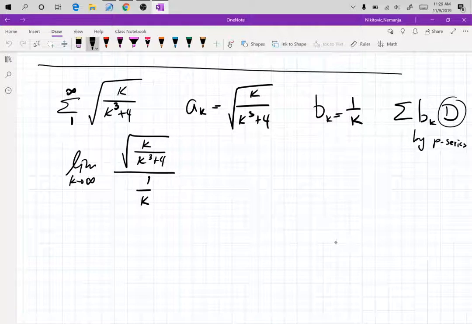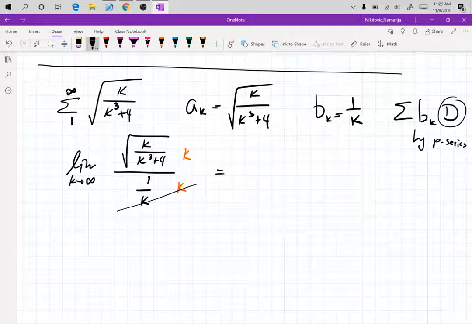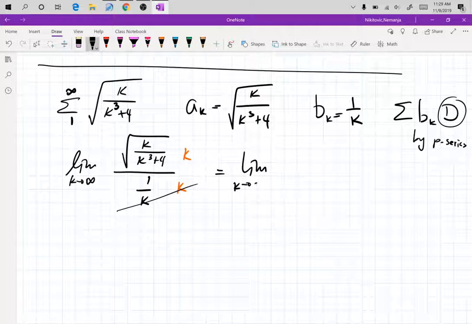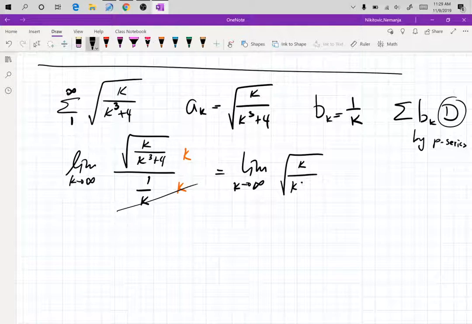Okay, let's take a look. What I'm going to do is multiply by k over k, and then go under the root and so on. So k, that cancels. Limit as k goes to infinity, and now I have square root of k over k cubed plus 4 times k.